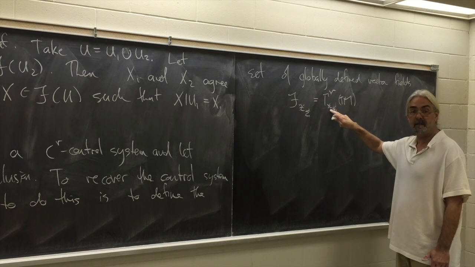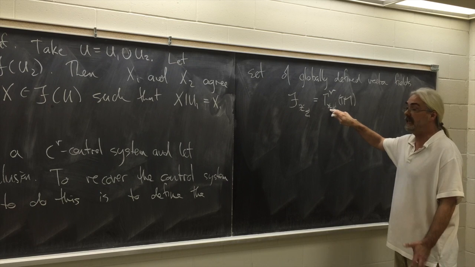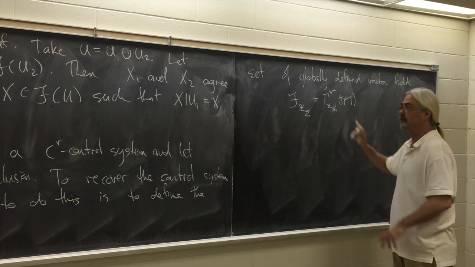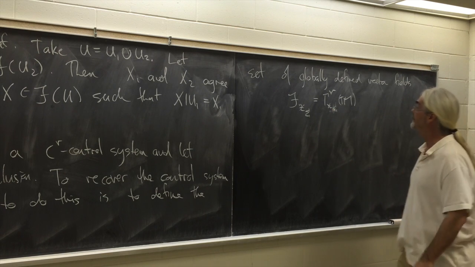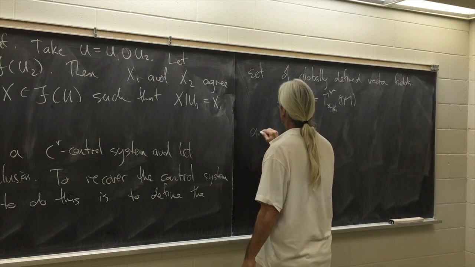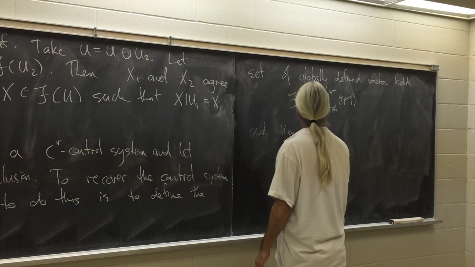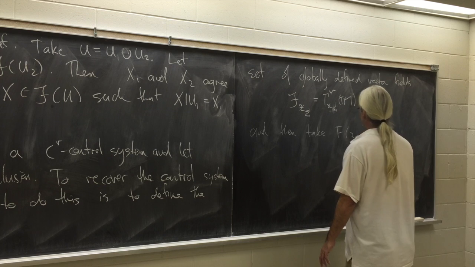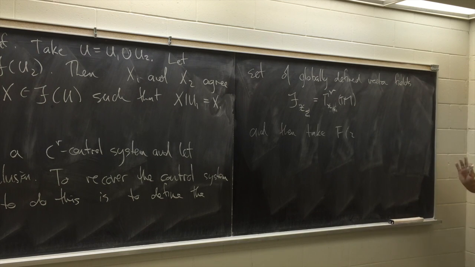Is it clear what I mean here? If you were going to construct a control system from its differential inclusion, this is how you would do it. You define this family of vector fields, and then take F of x. So really this is a tautological control system kind of construction.